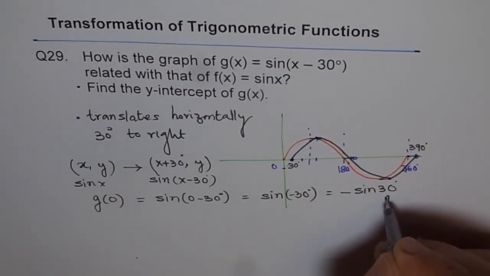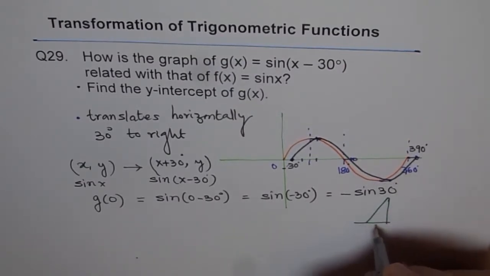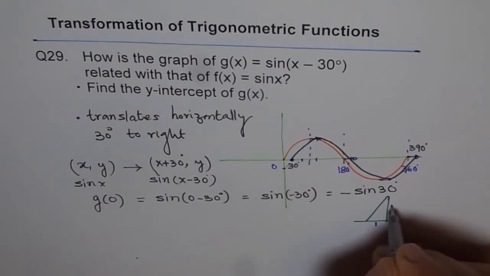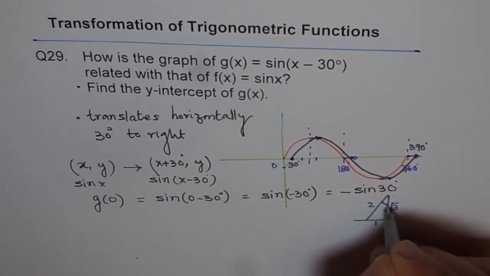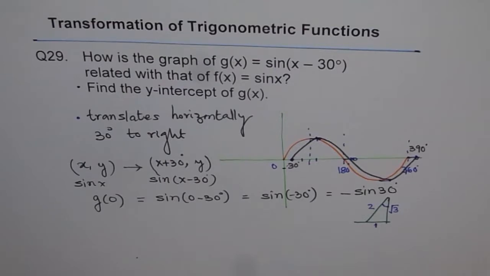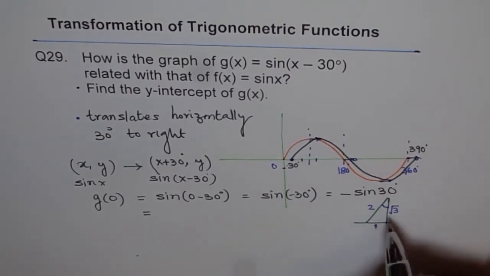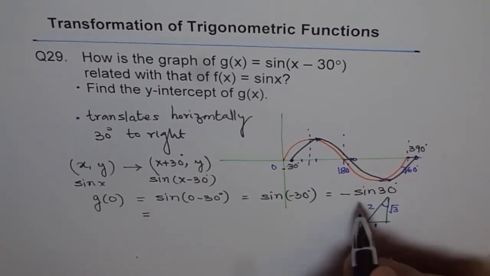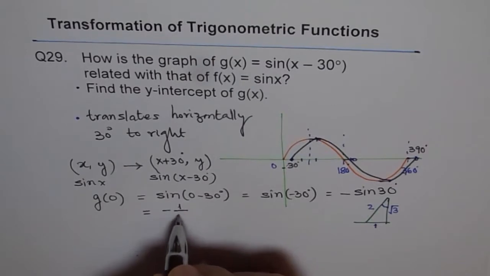In this special triangle, for 30 degrees, the opposite side is 1 and the hypotenuse is 2. And therefore we get our answer, which is minus 1 over 2. So minus sine 30 degrees is minus half.